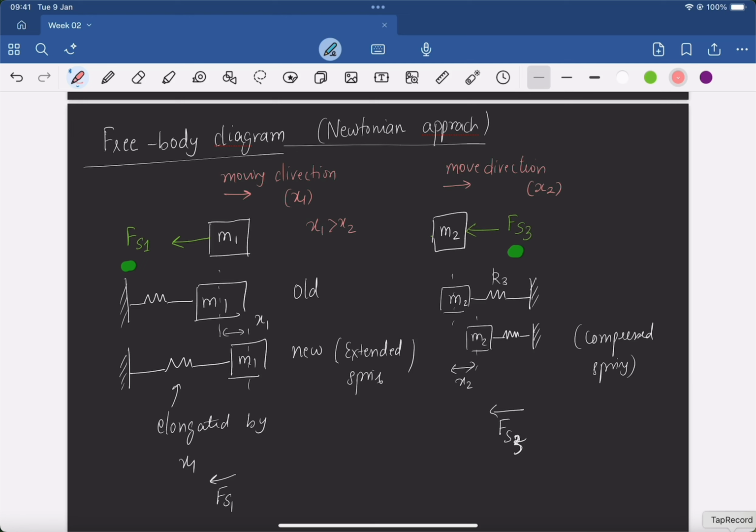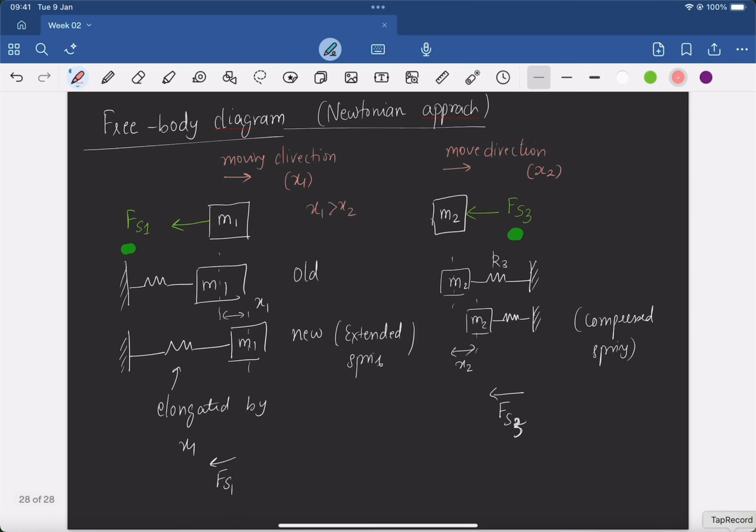That means the spring K2 goes into compression, right? So K2 is compressed. Now if x1 is less than x2, mass M1 has moved, let's say 1 millimeter, but mass M2 has moved 2 millimeters. That means the spring K2 is in tension.